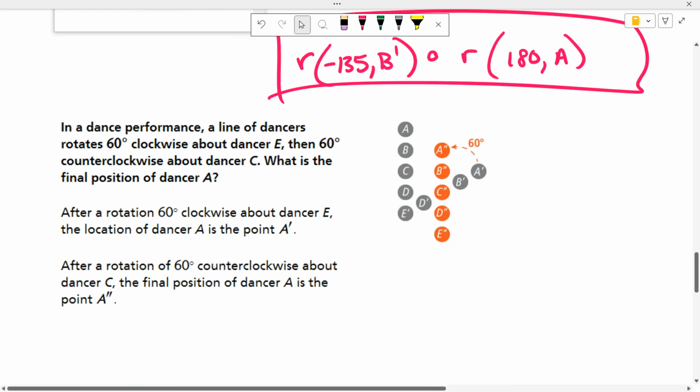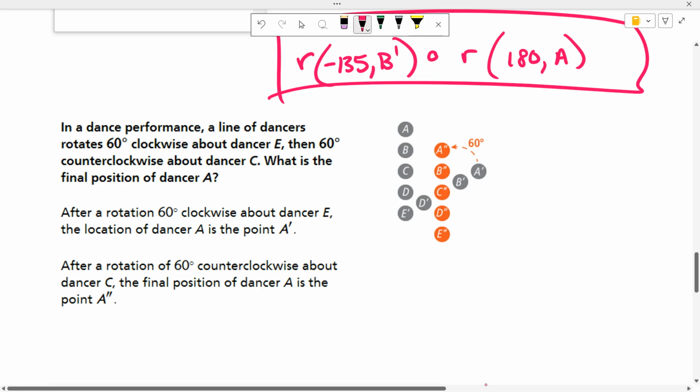In a dance, a line of dancers rotates 60 degrees first. So they're here. Then they're going to rotate around E 60 degrees this way. And then 60 degrees counterclockwise around C. What's the final position of dancer A?